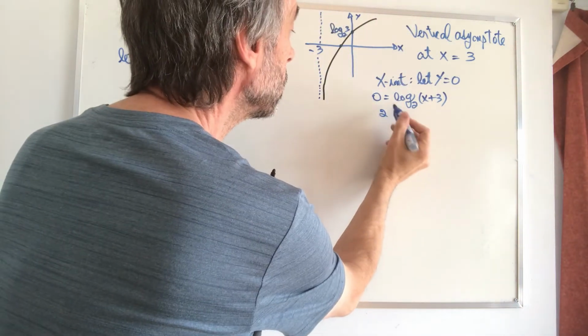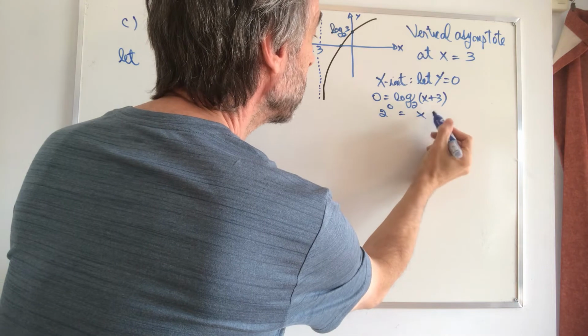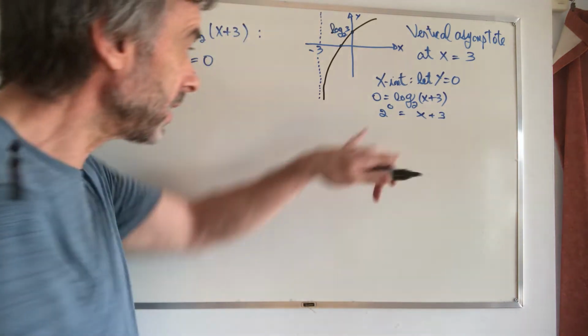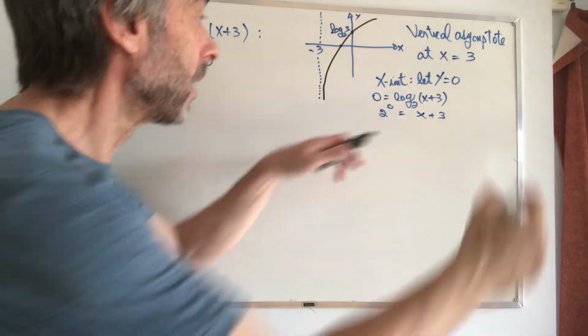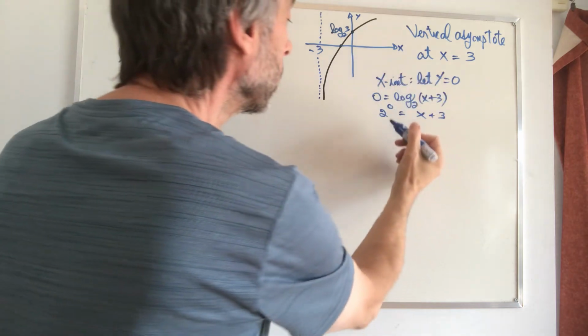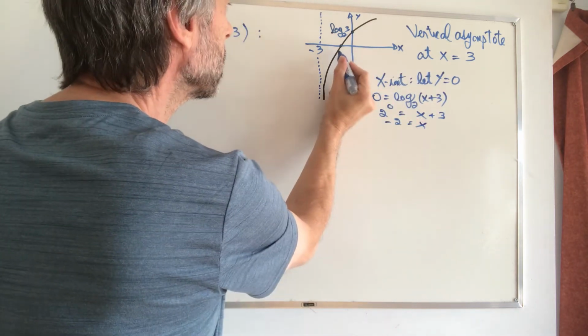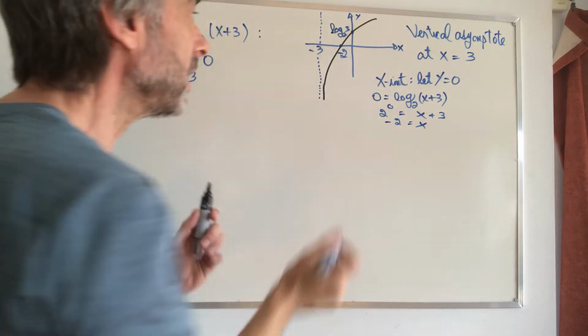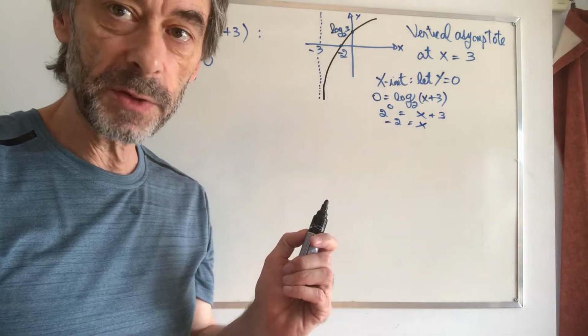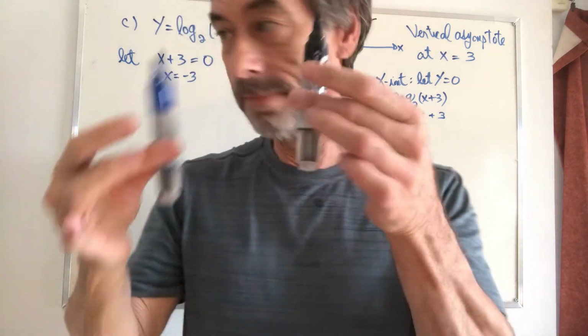So 2 to the 0 is x plus 3. 2 to the 0 is 1. Bring that over. So minus 2 equals x. This would be our x-intercept in this case.